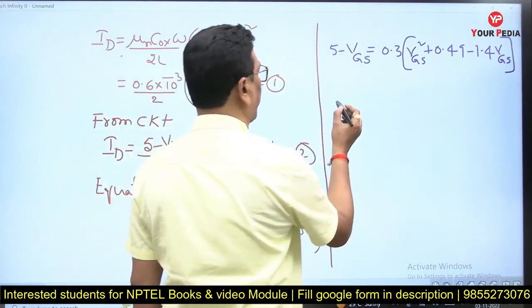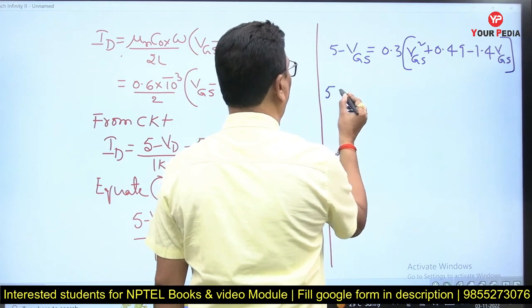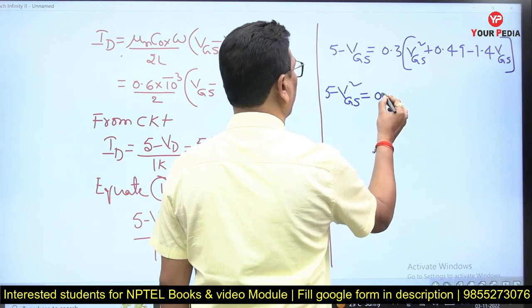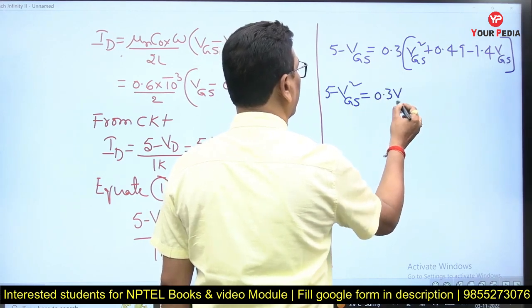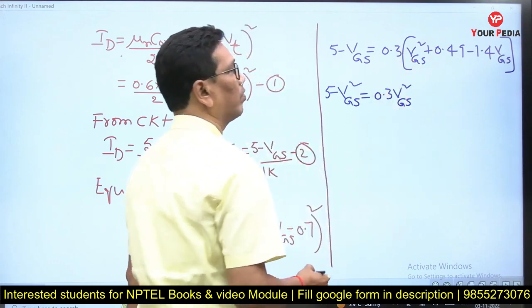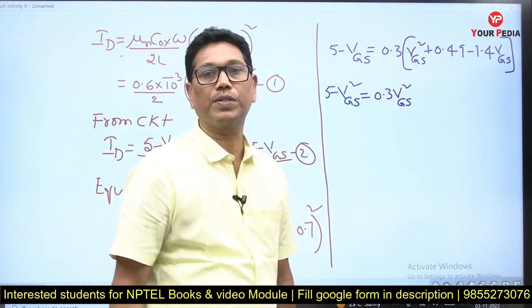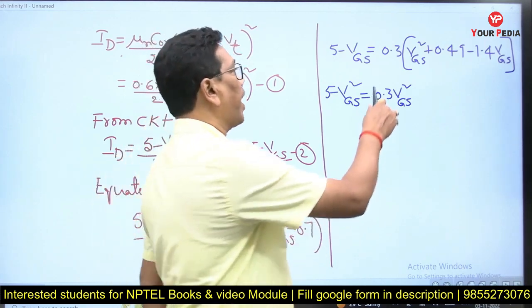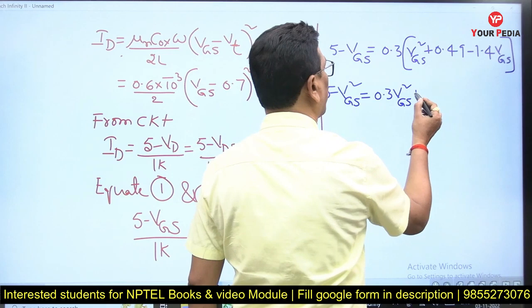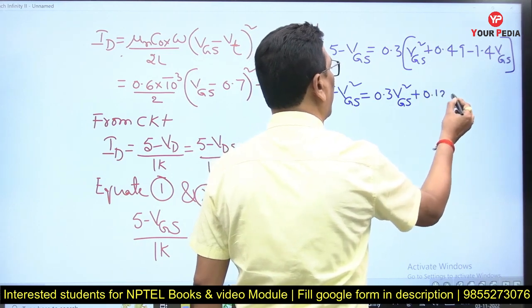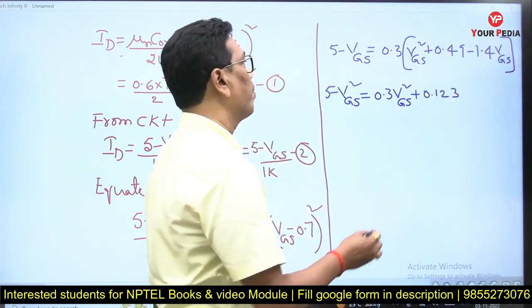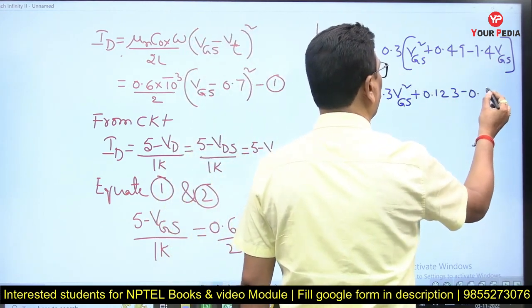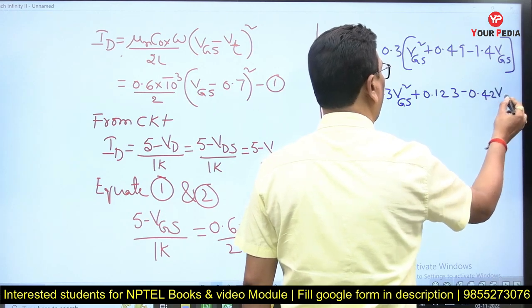So now I rewrite this: 5 minus VGS equal to 0.3 VGS square, next 0.3 into 0.49 becomes around 0.147, minus 0.3 into 1.4 becomes minus 0.42 VGS.